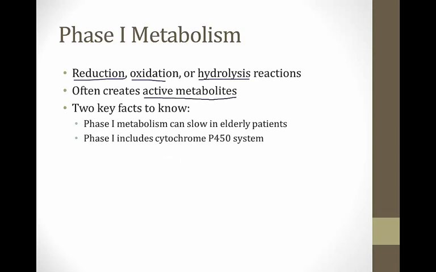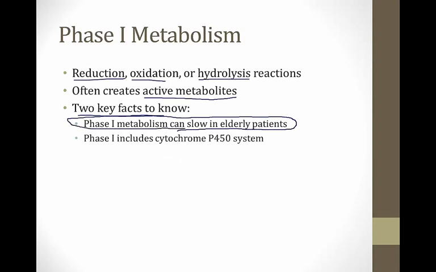So the products of these reactions are usually not ready for excretion and they're usually still active. In fact, some drugs require a phase 1 reaction to activate them from a prodrug into their active form. Two other key facts to know are that phase 1 metabolism has been shown to slow down in elderly patients, so there does appear to be an age-related decline in the rate of these reactions.